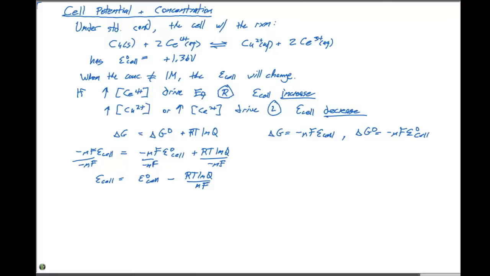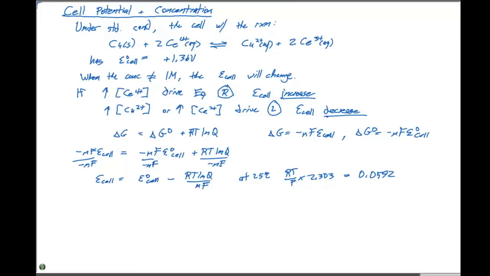And chemists still weren't very pleased with this whole mumbo-jumbo of variables. So in most cases, these reactions are performed at 25 degrees Celsius. So at 25 degrees Celsius, if we take RT divided by F and multiply this by 2.303, we get a value of 0.0592.